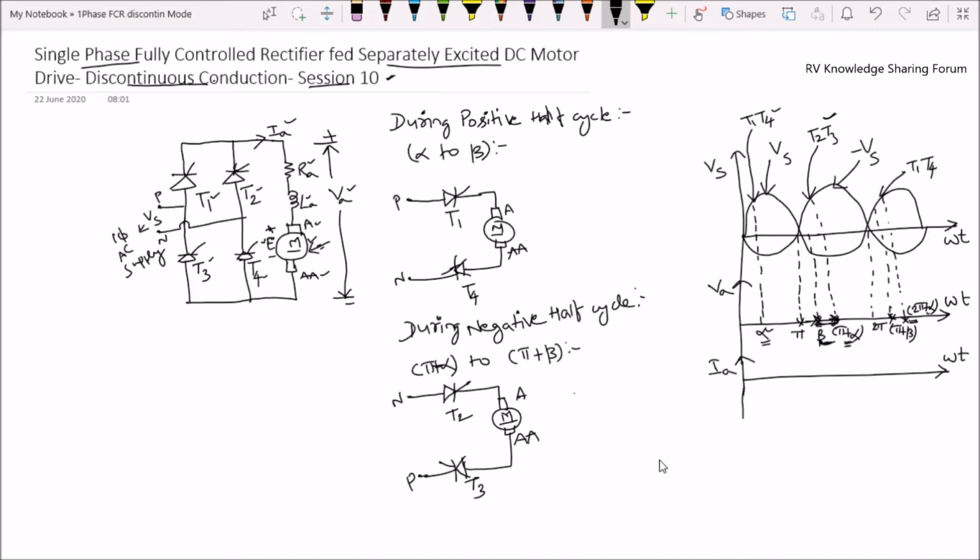So now let us discuss the operation of this circuit. During the positive half cycle, that is from alpha to beta, what happens?